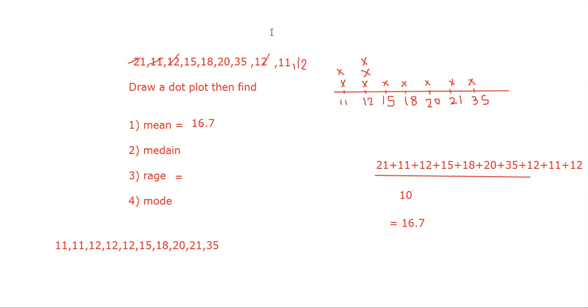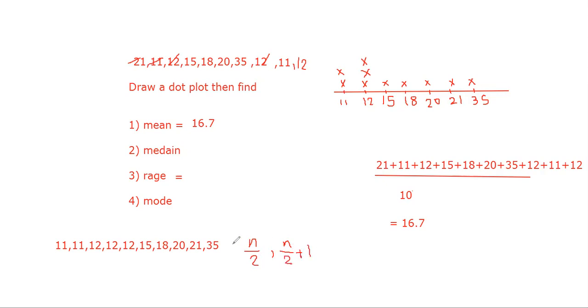So we have 10 numbers. Do you know how we can find the order of the median, Ibrahim? We can cross one from the beginning and one from the end, or we can find the order of the median like this: n divided by 2 and n divided by 2 plus 1, Ibrahim.